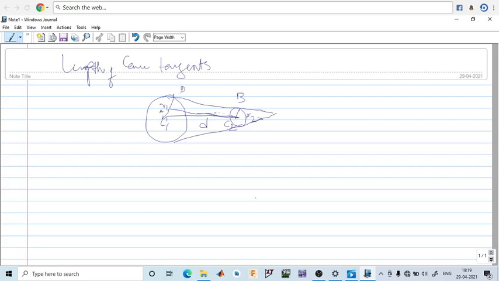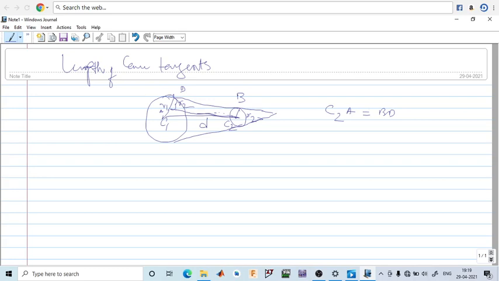Then this distance is also r2, right? And the BD distance is the same as this distance, C2A, suppose this is A. C2A equals BD, that is the length of the direct common tangent.